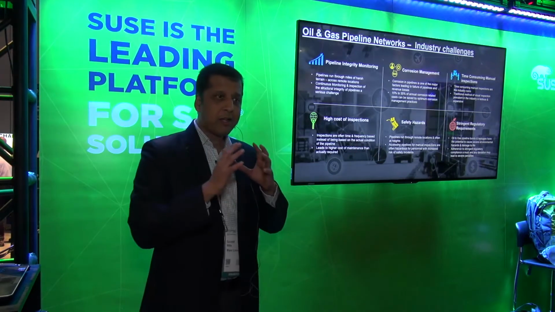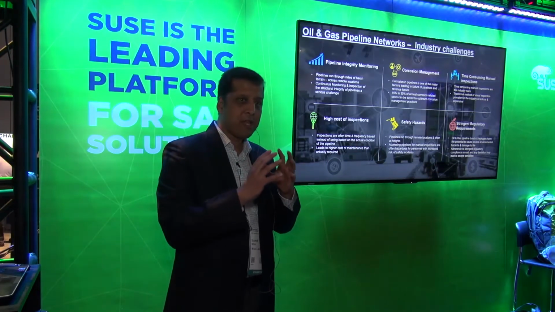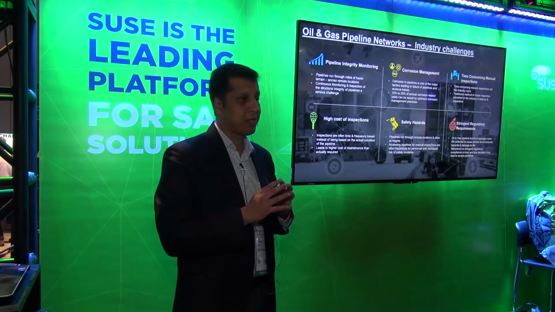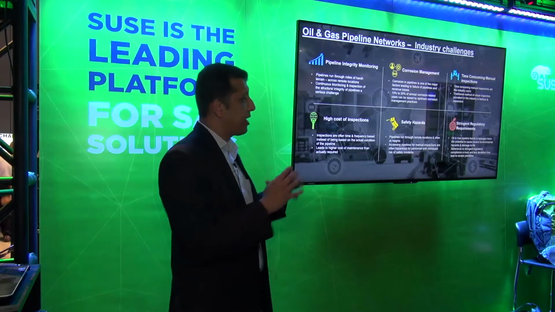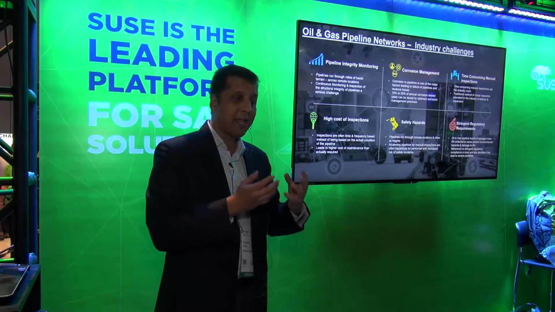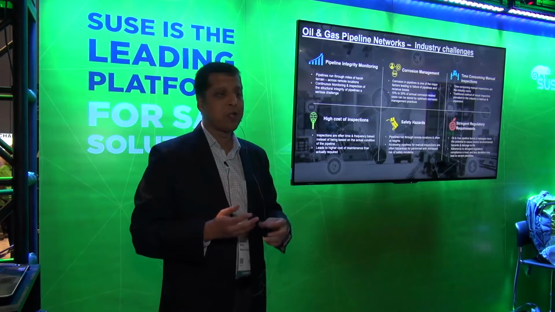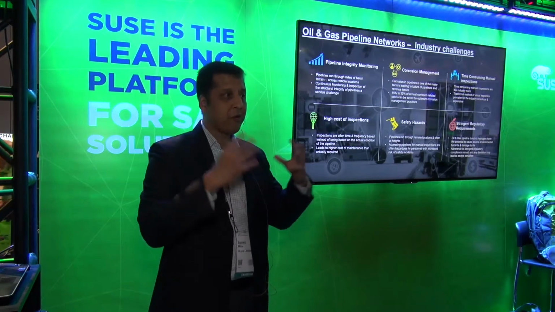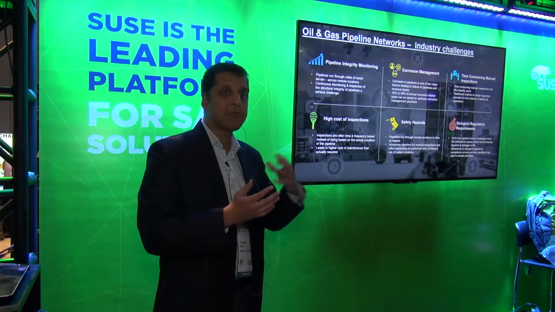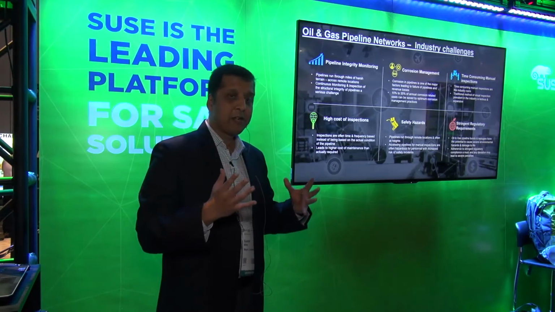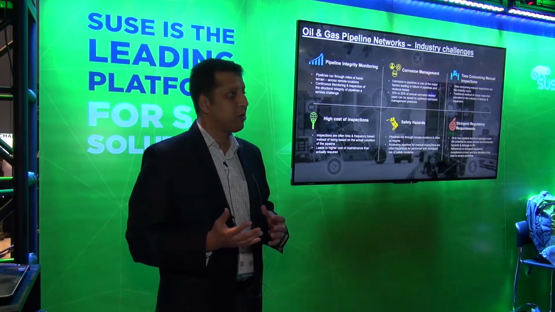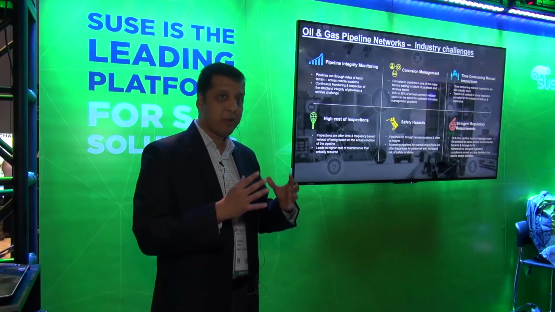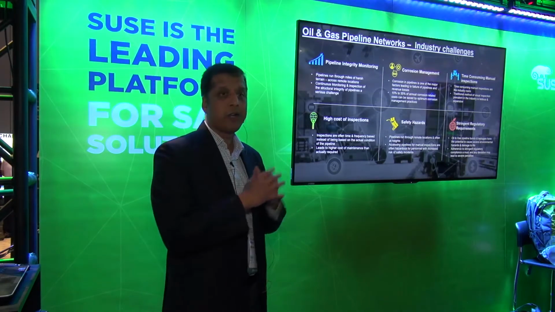So continuous monitoring of the health of these pipelines is required, for any kind of corrosion or defects, like a leakage or a dent, or even surface coating erosion, which leads to rust. Even in some countries, encroachment is a problem around the pipelines. So these require continuous monitoring.